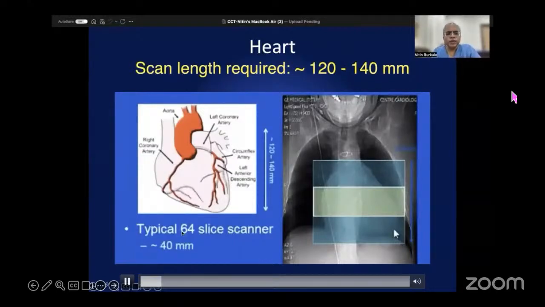With a 64 slice scanner, you cover around 40 millimeters, that is around 4 centimeters, of the heart in one gantry rotation. From the base to the diaphragm you have around 12 to 14 centimeters to cover, so you may need 3 volume data sets with a 64 slice scanner to cover the entire heart.